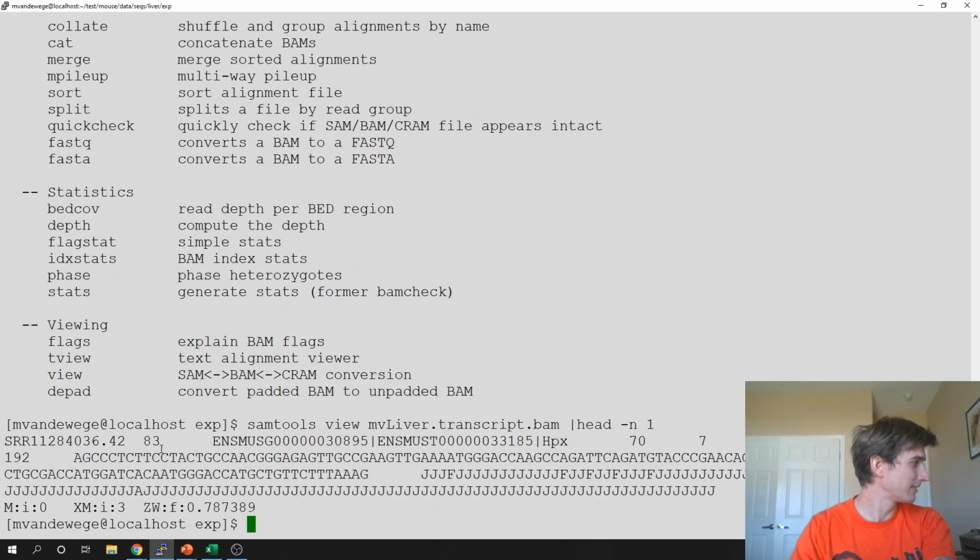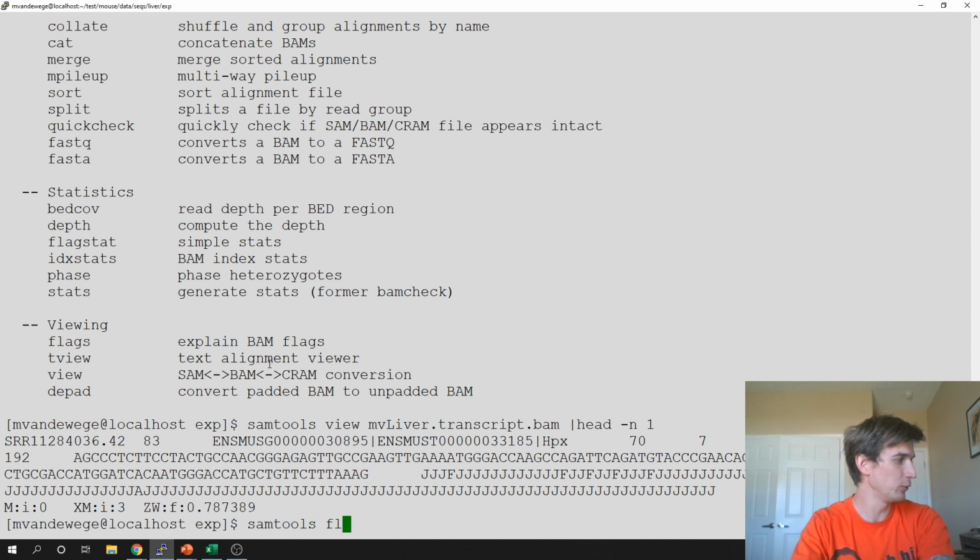That's stored by this number, our second number. This is our mapping flag. What samtools flagstat does is it reads through the entire BAM file and tells us how many reads mapped, how many reads didn't map, and some other flags that tell us how reads map.